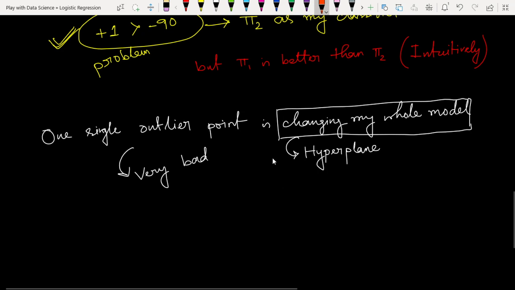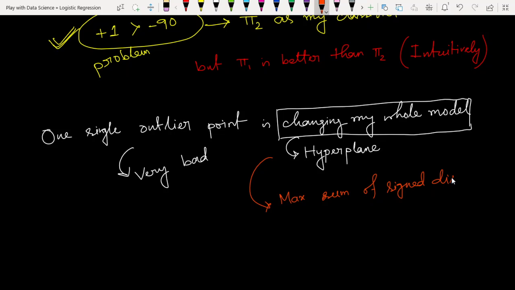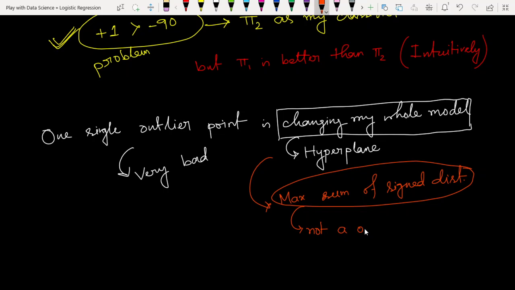So the maximum of the summation of signed distance is not outlier proof. At the end of the day we calculated this maximum of the summation of the signed distance, and it is not robust to outliers.